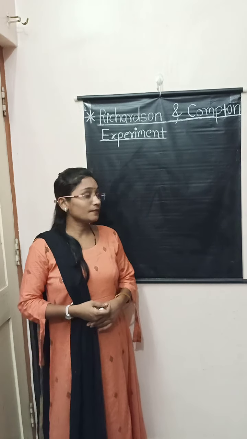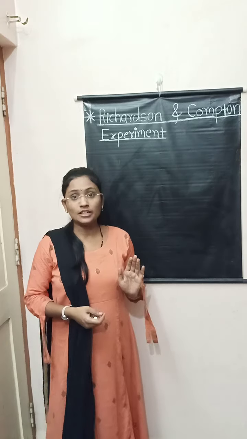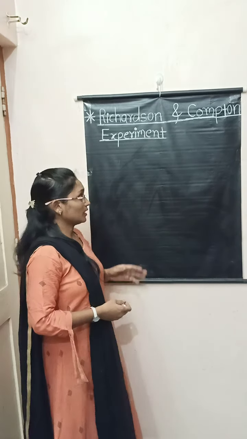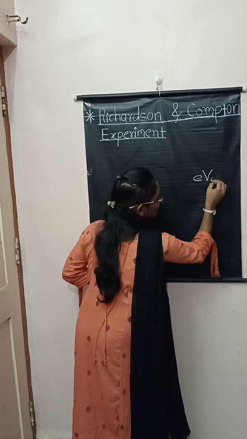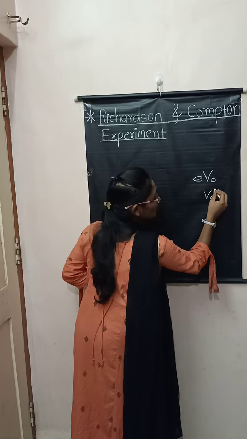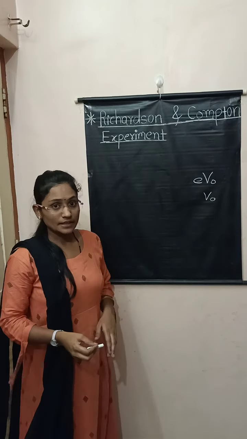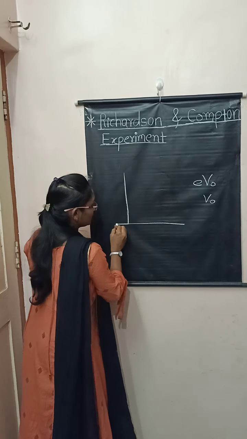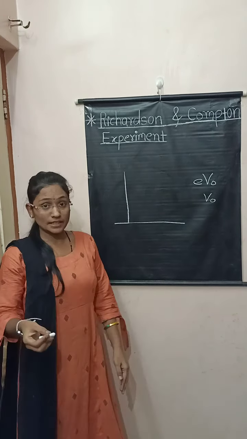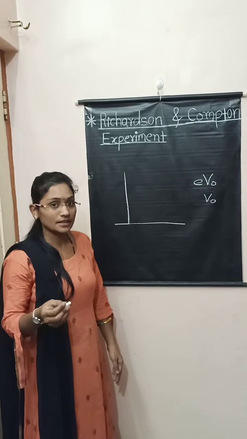Now the third relation. This third relation is between the energy of emission, eV0, and the frequency of light. This is the last relation. This relation is called the linear relation.